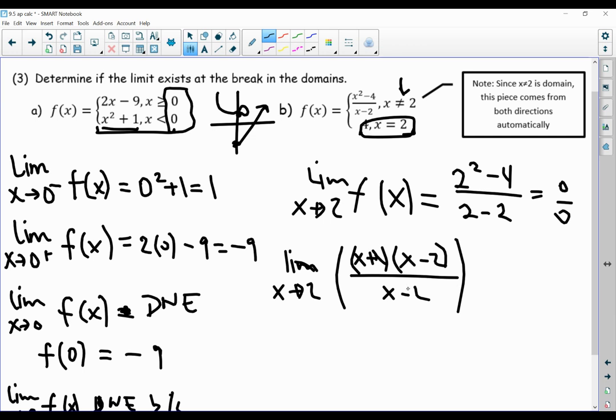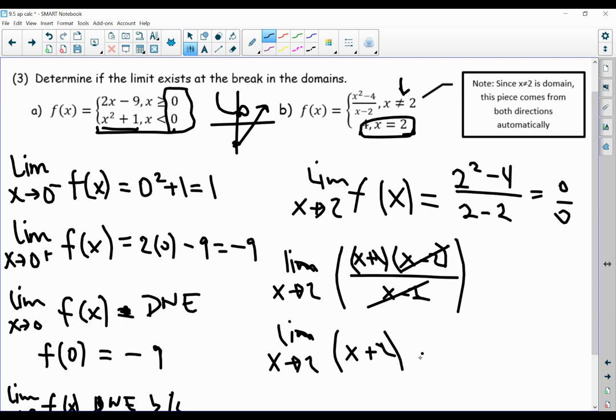Now I'm going to look at my factored form and ask myself, can I simplify it? And the answer is yes. These x minus 2 expressions would factor. So really all I'm finding is the limit as x approaches 2 of the expression x plus 2.